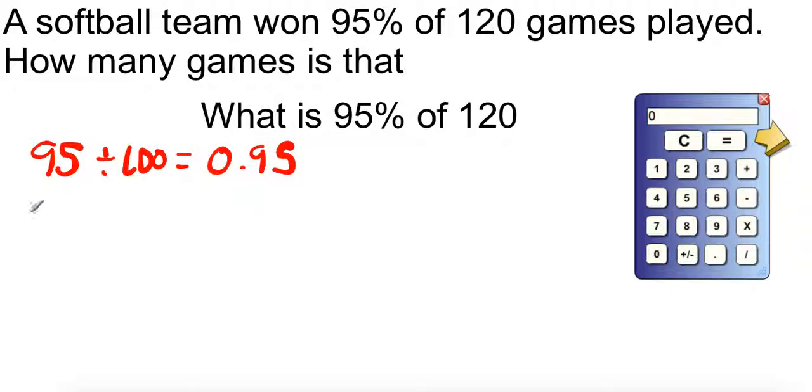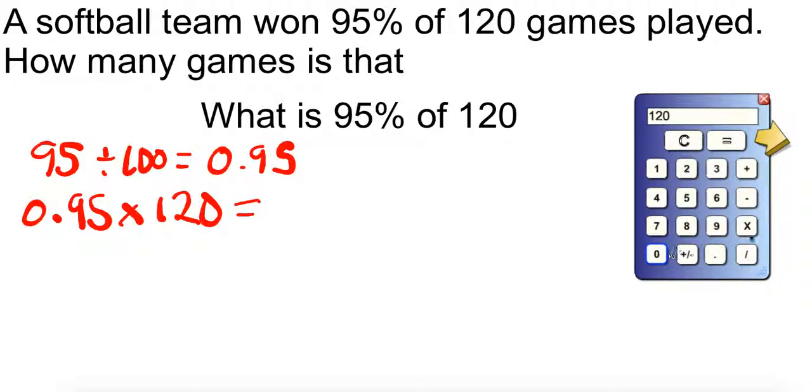I would then take this decimal 0.95 and multiply it by 120, which is my subtotal in this example. So when I solve for this, my 120 times 0.95, I get 114. So what that means is 114 games won in this example is the 95% that we're looking for.